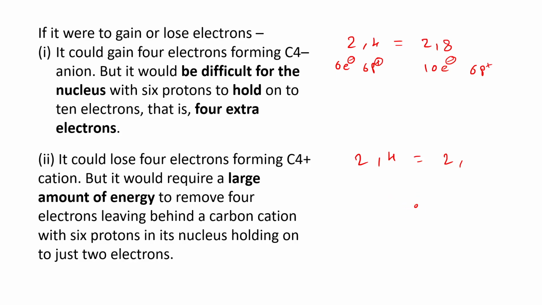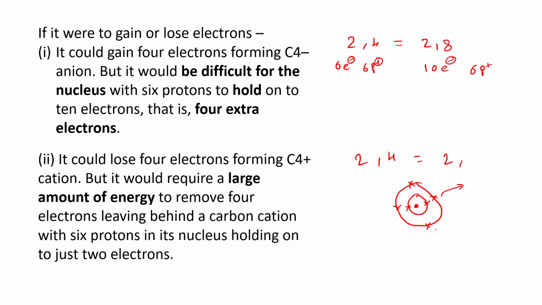If you see the structure, this is the nucleus, this is the first shell, and this is the second shell. Sorry for my beautiful diagram. 1, 2, 3, 4. So here you have 4 electrons in the outermost shell and 2 electrons in the first shell. To remove the first electron, it will require some amount of energy.